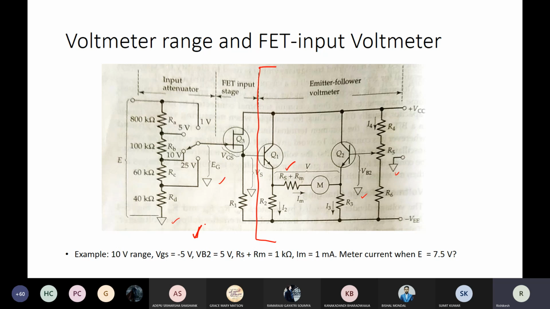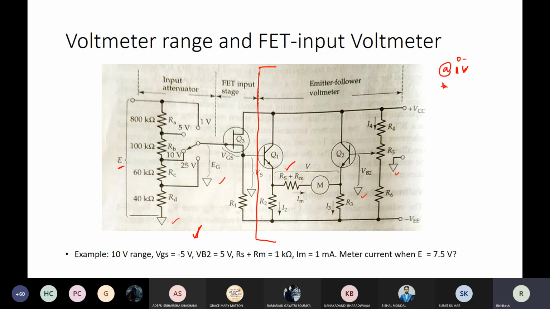When you look at this part of the input attenuator, whatever is the input voltage E is being divided here, and you have this single pole multiple throw switch which is basically selecting the range which you would like to measure. So at the first position, the range is 0 to 1 volt.